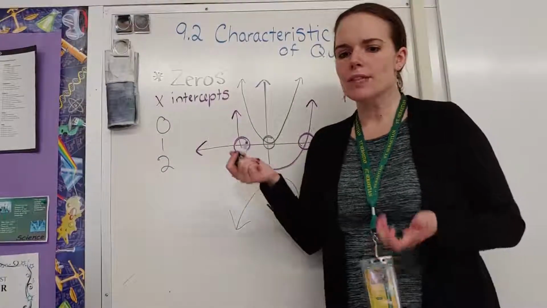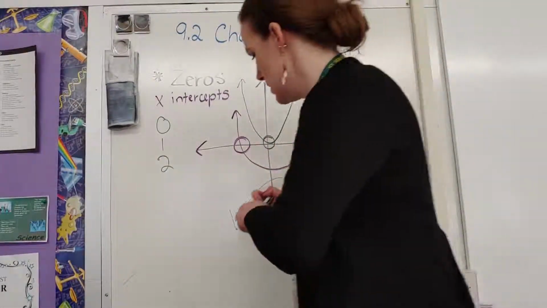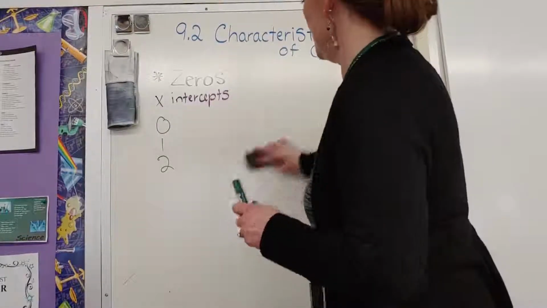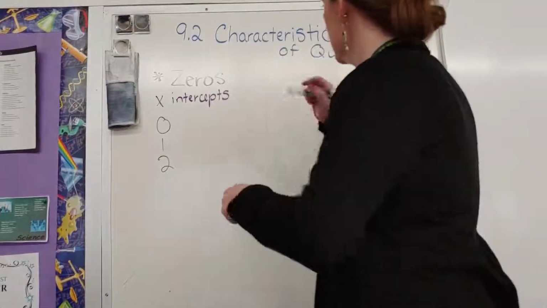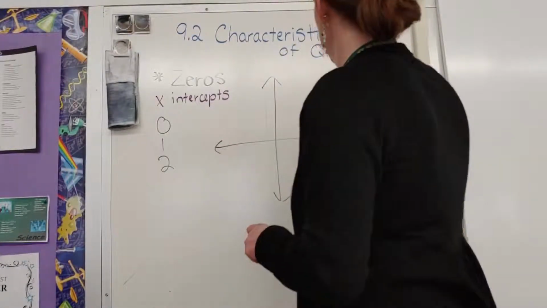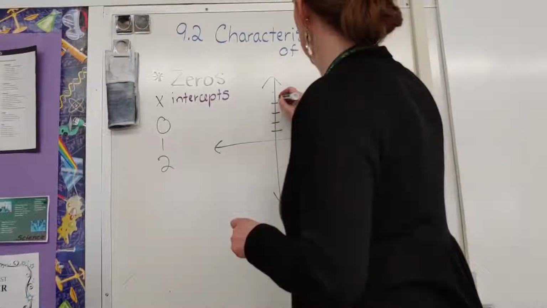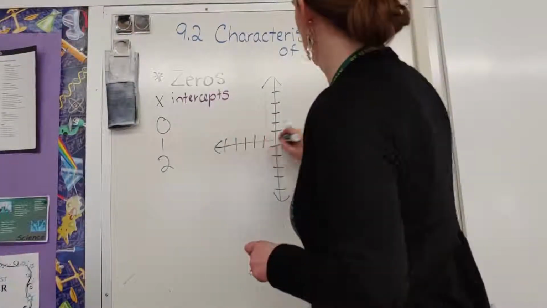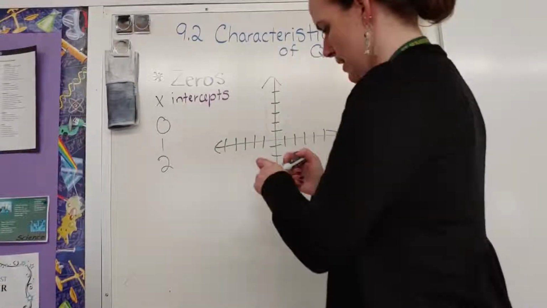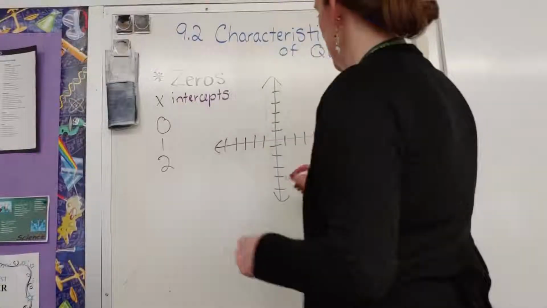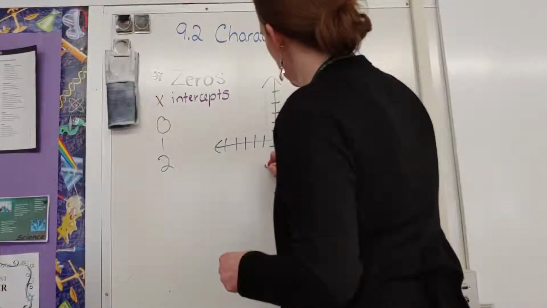So I'll try to do one that's a little neater. Let's say this is my graph, and I have this parabola, and I'll put the vertex right here.